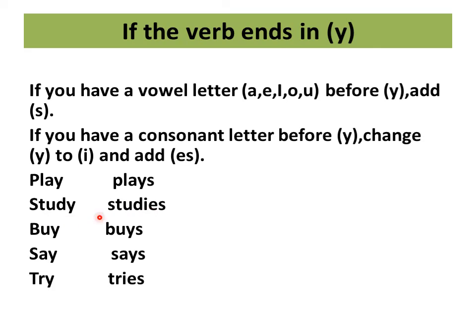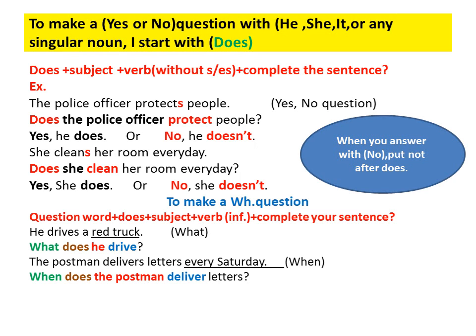Study, studies. Try. Before Y we have R. It's a consonant, not a vowel. So change Y to I and add es. With what? He or she or it or any singular noun. How to make a yes or no question with he or she or it or any singular noun?